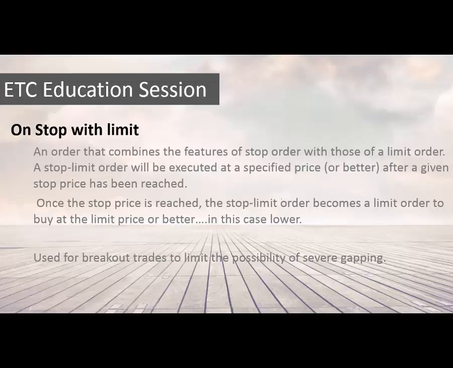And so one of the benefits of placing an on-stop order with a limit is that it helps to reduce the amount of slippage that you may experience, or in the worst case scenario, actually save you the pain of experiencing severe gapping where price has opened up a long way above your on-stop order.